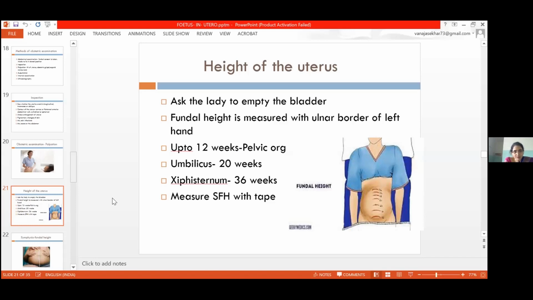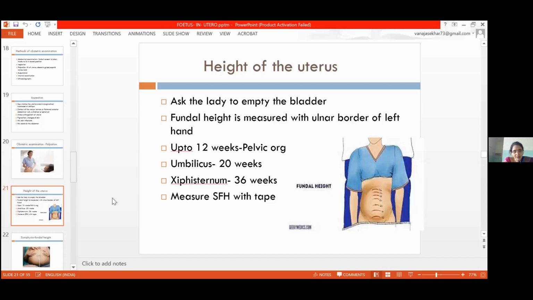Usually up to 12 weeks, the uterus is a pelvic organ, and after 12 weeks, it becomes an abdominal organ. You can palpate it abdominally. And the umbilicus corresponds to 20 weeks of gestation. From the umbilicus, you have to draw 3 equidistant lines up to the xiphisternum, dividing the upper abdomen into 4 equal parts.